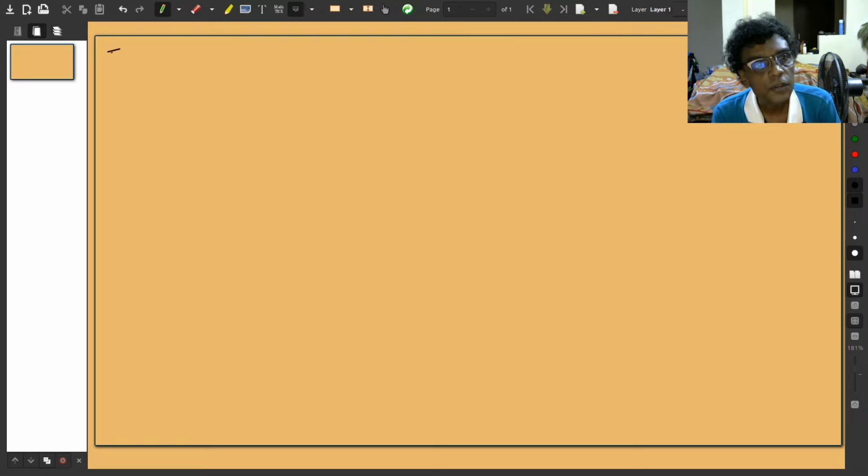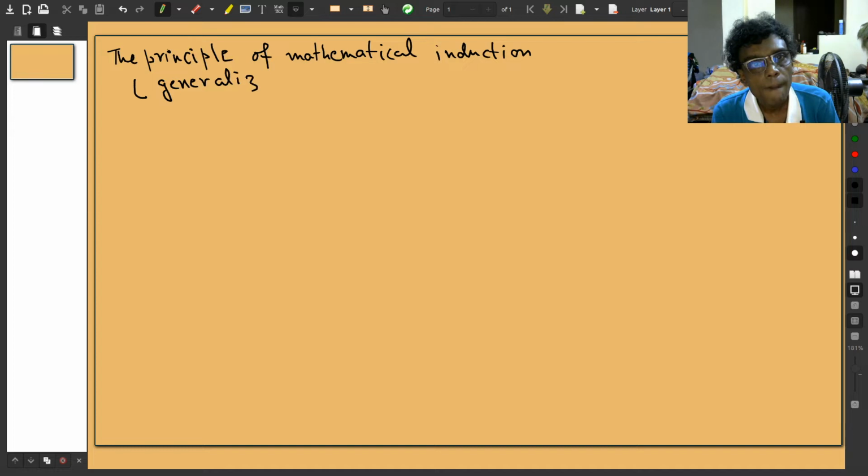The first one is again a weak form, but I would say a generalized weak form. Okay, so this goes like this.